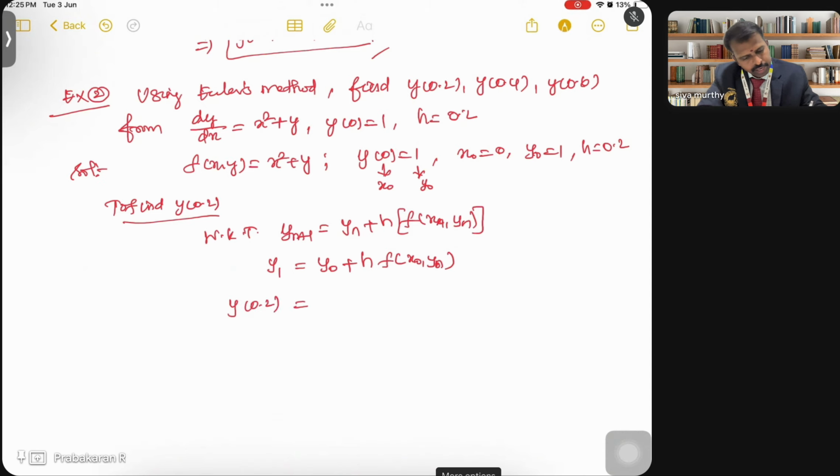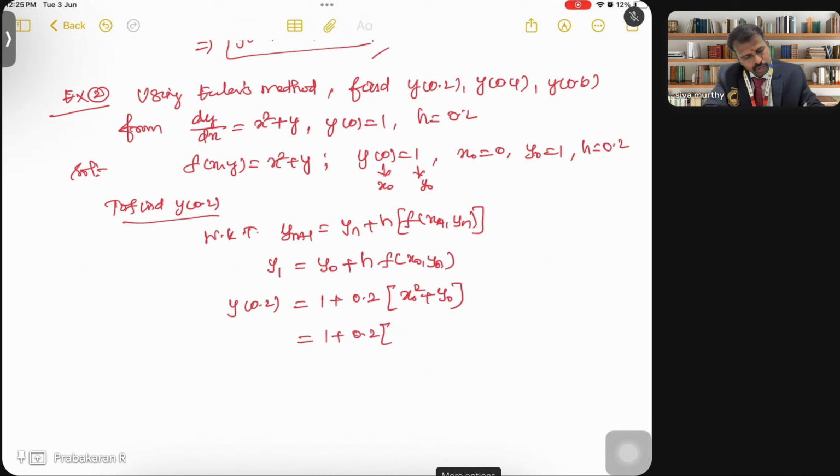Okay, so already we have y0 is 1 and the value of h is 0.2. Then f of x0 comma y0, right? So here the given differential equation dy by dx equal to x square plus y. So x square plus y means here we want to replace x by x0 and y by y0, right? So x0 square plus y0, close the bracket, then substitute the value 0.2.